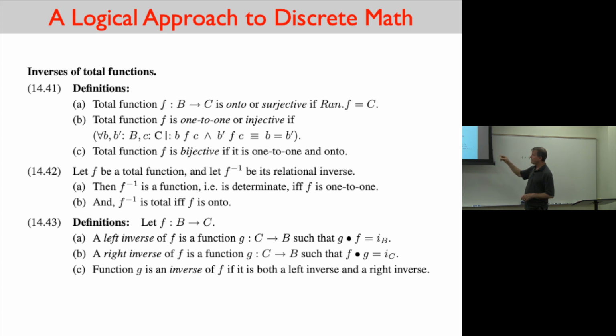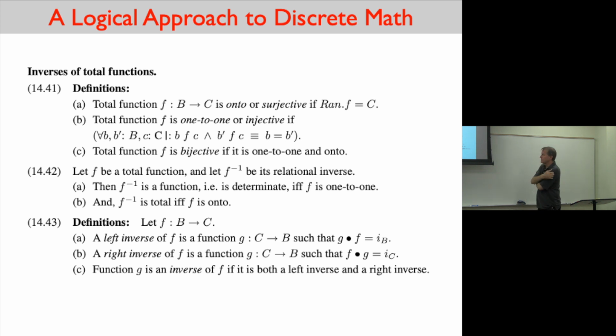Then f inverse is a function, i.e. is determinate, if and only if f is 1-to-1. So that's part A of the theorem. And part B of the theorem is, f inverse is total if and only if f is onto. I think we should be able to understand this.